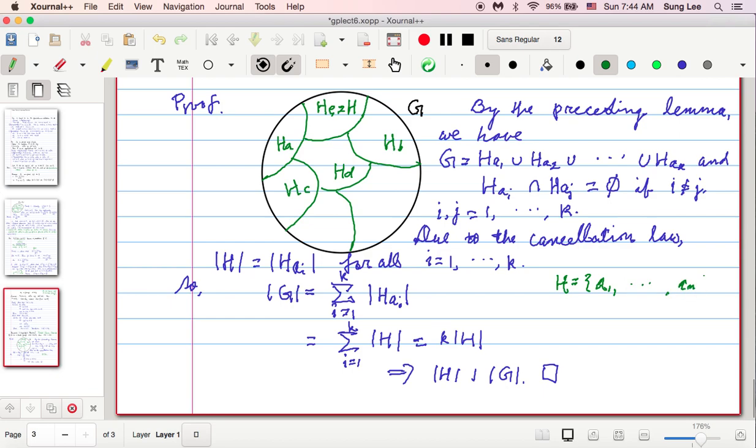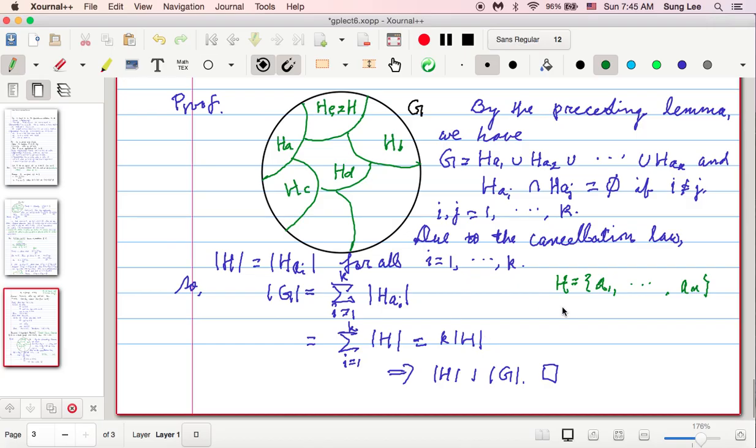This has nothing to do with Lagrange's theorem; I'm just explaining what we talked about earlier. Here the a sub i are different ones.